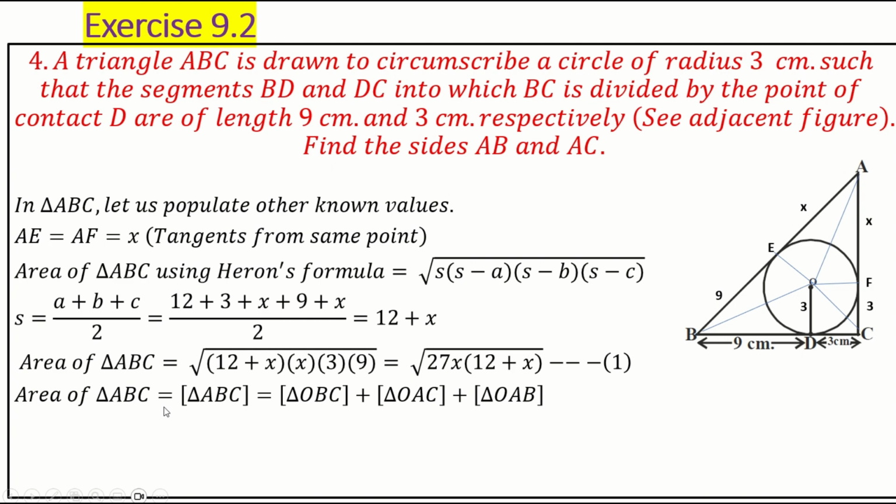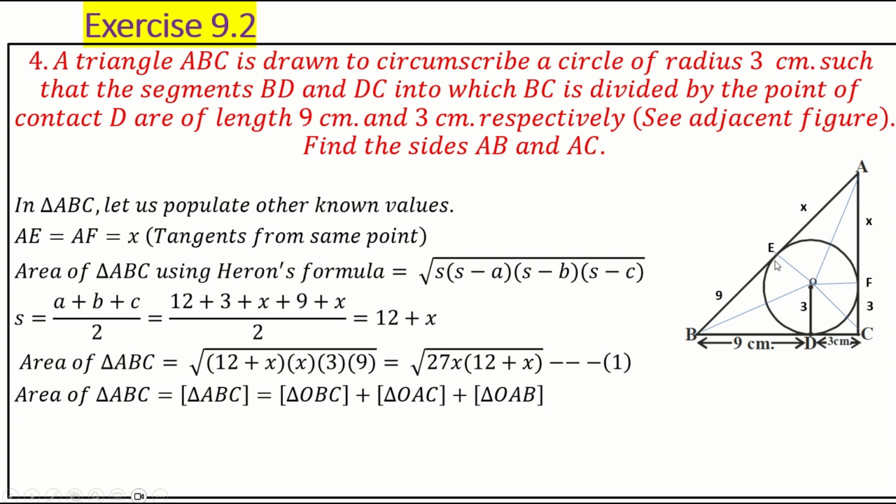And the other way is area of ABC equal to OBC plus OAC plus AOB. OBC is one triangle, then AOB is the other part. Three parts we are making, and each one has a height here, right?